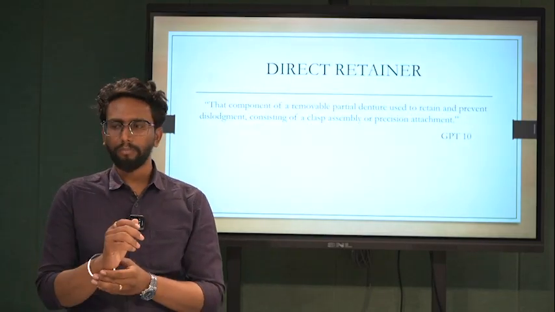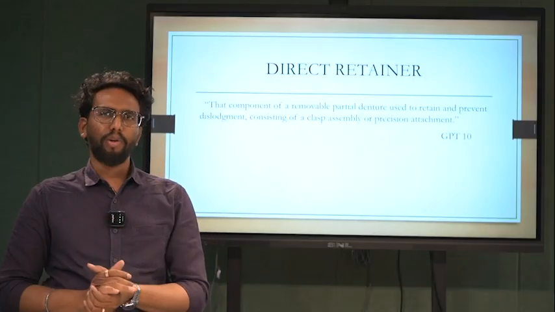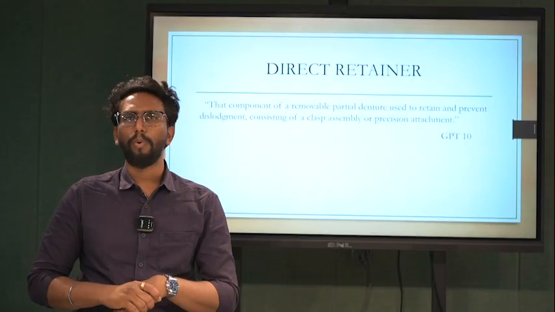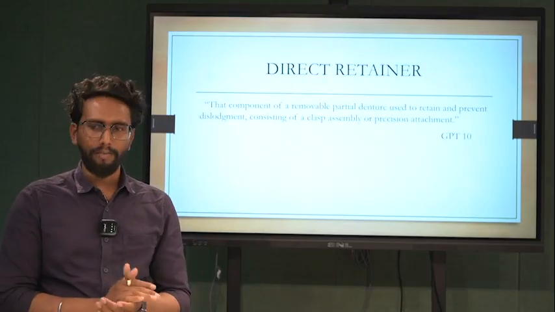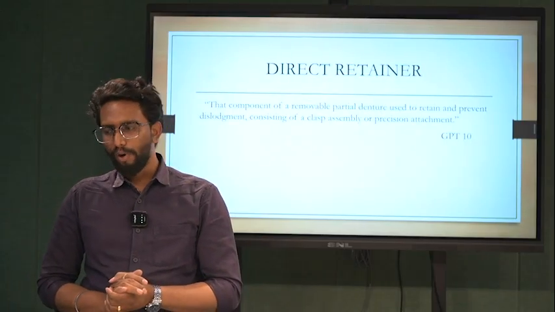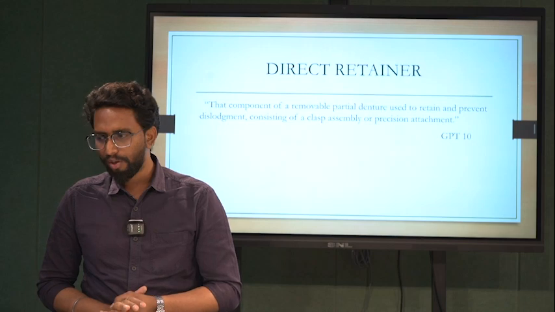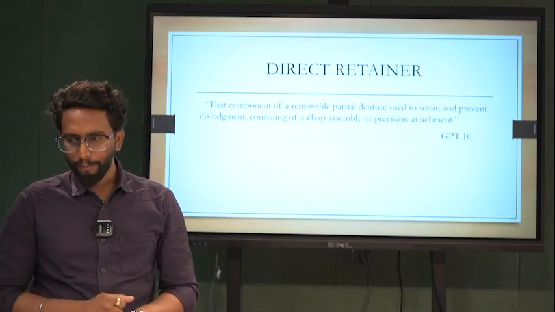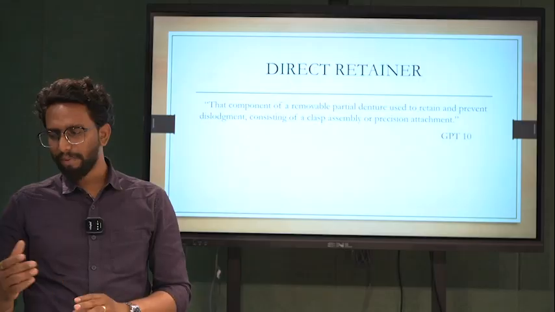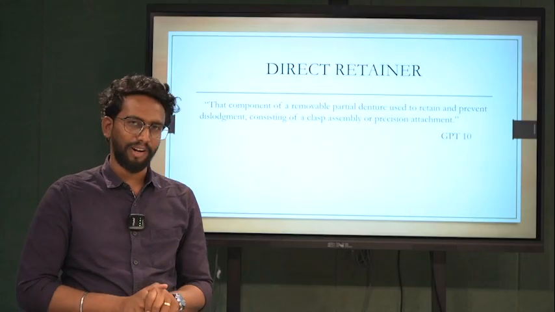Now the next component is the direct retainer. The main function of the direct retainer is to provide retention to the prosthesis. It is defined as that component of a removable partial denture used to retain and prevent dislodgement, and consists of a clasp assembly or a precision attachment.